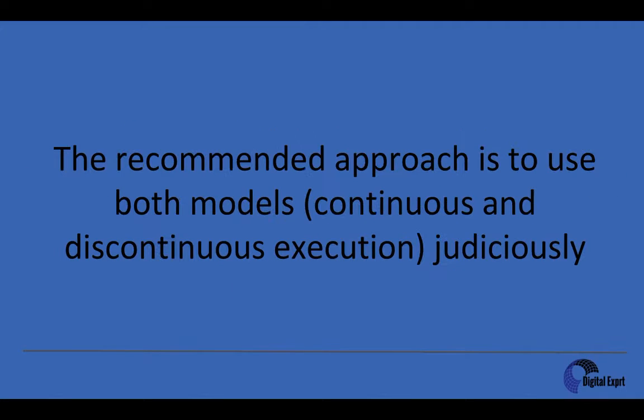The recommended approach would be to use both models judiciously. So there's no silver bullet or one size fits all. We cannot wholesale switch from one model to another. We need to consider continuous and discontinuous execution judiciously on a case-to-case basis. And I'm sorry again, there is no magic formula, but that's how things are, and we'll have to be cognizant of that fact.